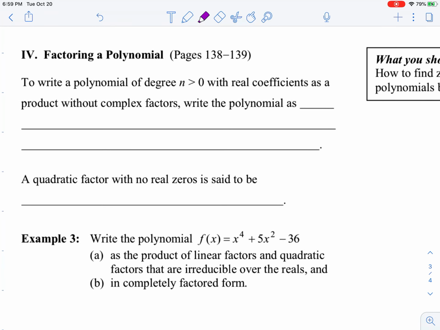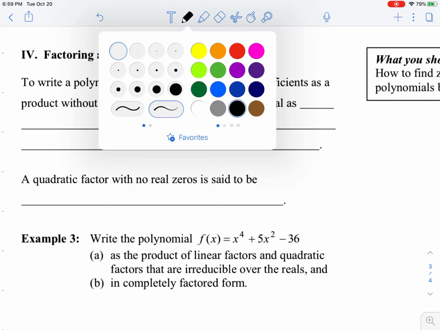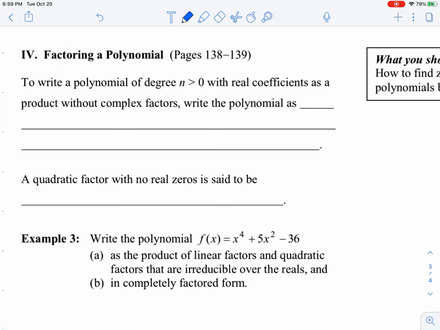Okay, so let's talk about factoring a polynomial. To write a polynomial of a degree where n is greater than 0 with real coefficients as a product without complex factors, so if I don't want to have a complex value like i, or a plus bi, here's what we have to do.